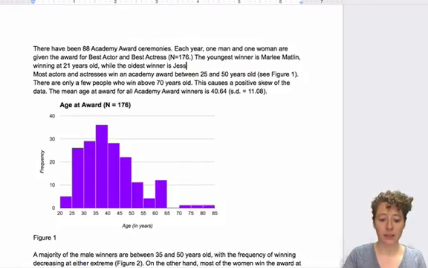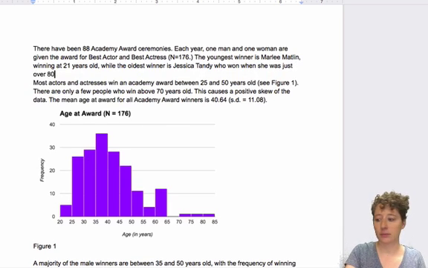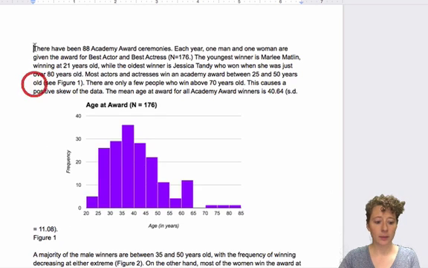Oldest winner is Jessica Tandy, who won when she was just over 80 years old. Okay. Let's clean this up a little bit.